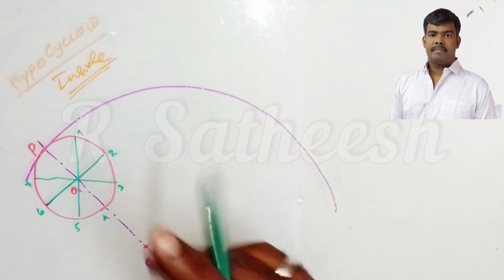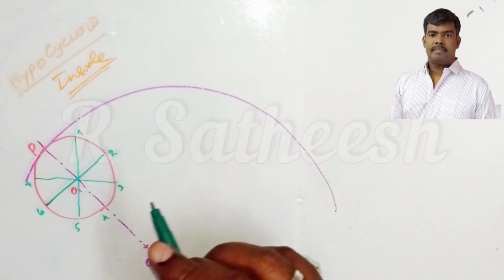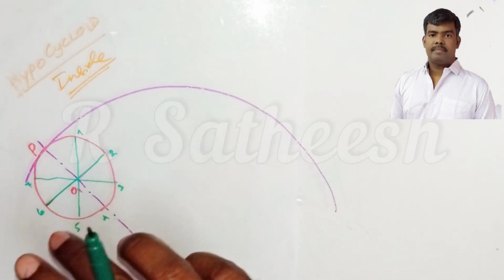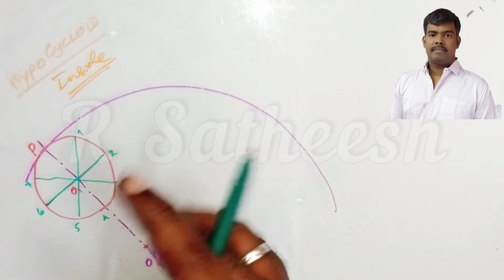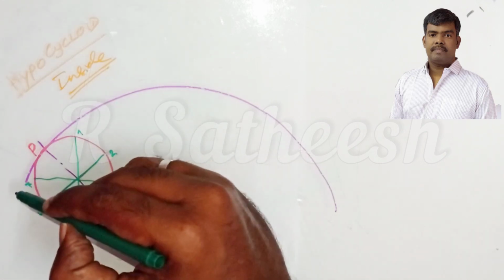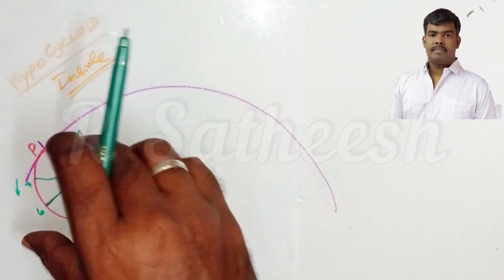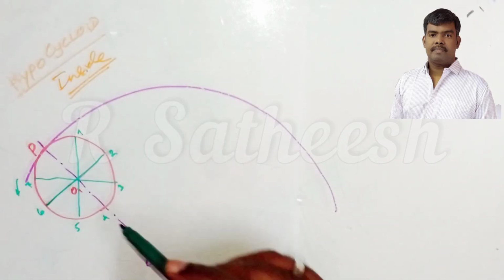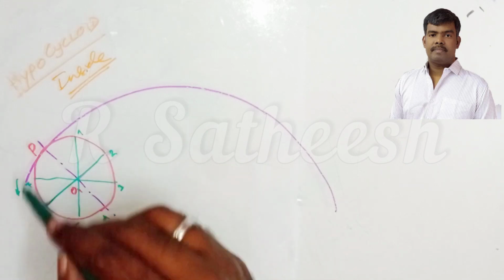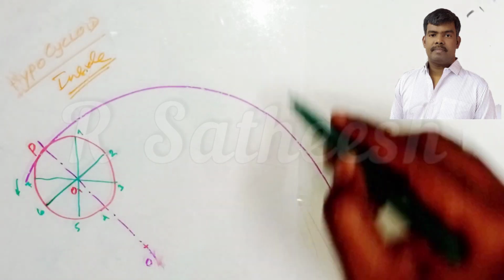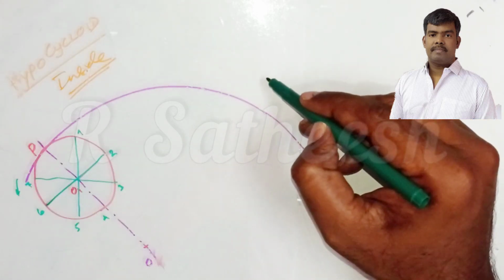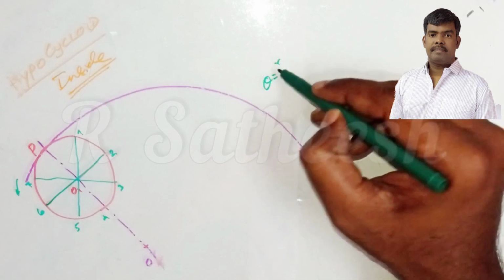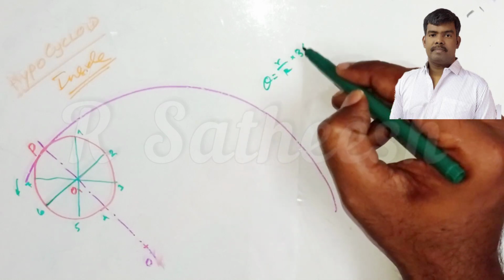Clear? In the cycloid and epicycloid, if the direction of rotation is not given, let us consider it a clockwise rotation. But in the hypocycloid, let us consider that it rotates anti-clockwise like this. Clear? Right. So therefore 1, 2, 3, 4 in this format. After that you determine the theta value. How much is theta? The formula is r by R into 360.